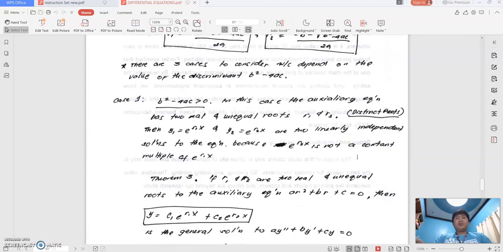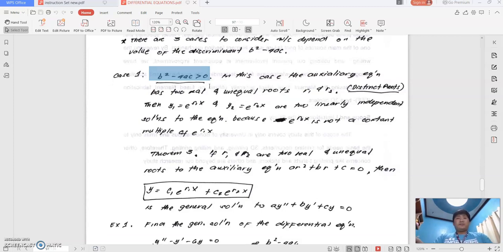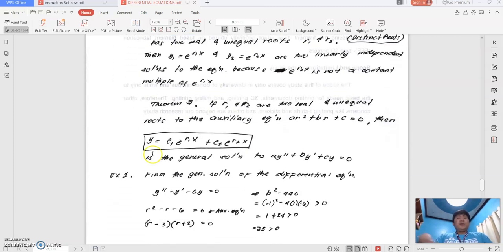I'll show you later how to identify. Actually, this is the hint: how will you know that the given equation is case 1 or distinct roots? Theorem number 3: if R1 and R2 are two real and unequal roots of the auxiliary equation, a r squared plus b r plus c equals 0, then the general solution will always be this one.